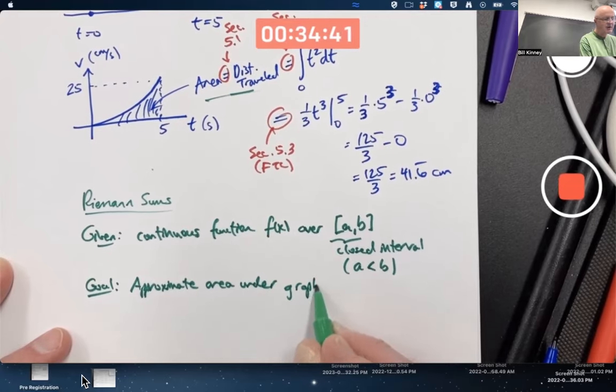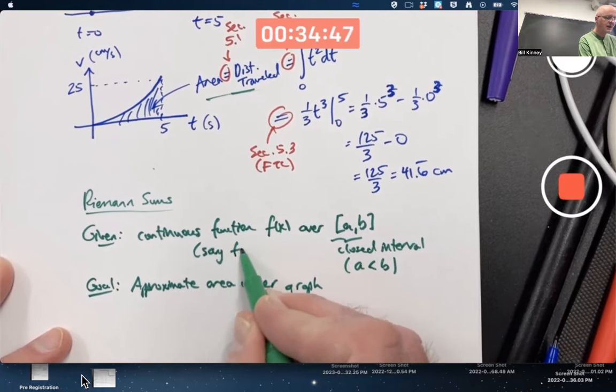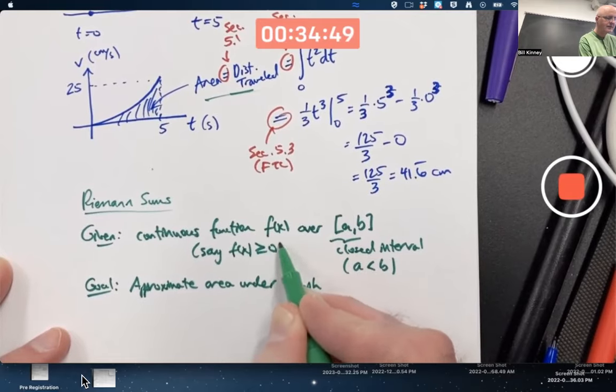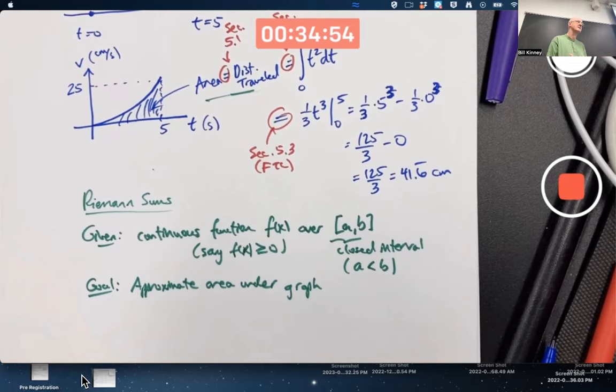I'm going to assume f of x is never negative here. Say f of x is always greater than or equal to 0. In trying to approximate this area, I'm still not quite justifying why it would also give you the distance traveled if f of t were the speed. I will come back to that.